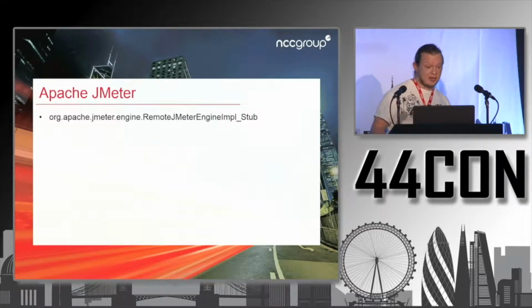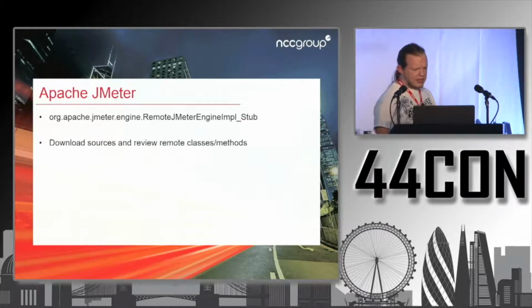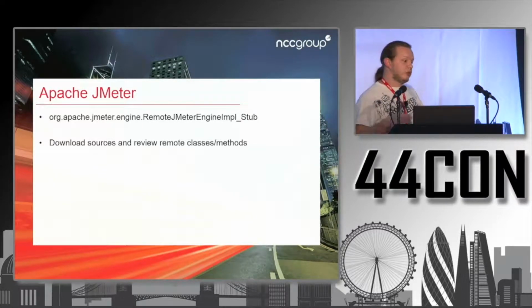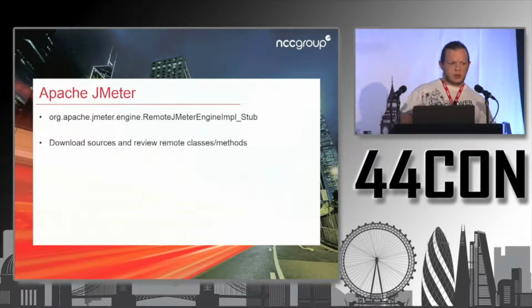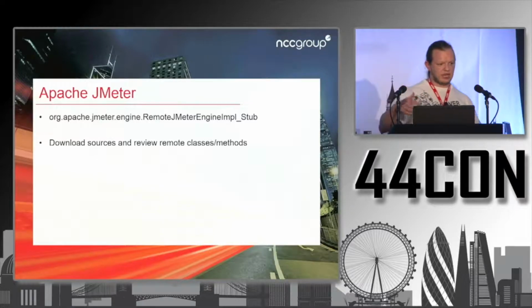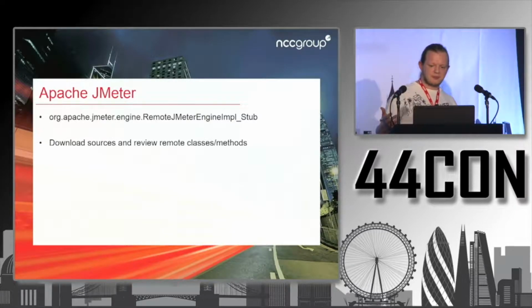First one, Apache JMeter. I have no idea what it does, but this is a class name that was exposed. It's open source, so you can download the sources, and you can review the remote classes and methods. So any class that implements java.rmi.Remote can be exposed over RMI, through an RMI registry.